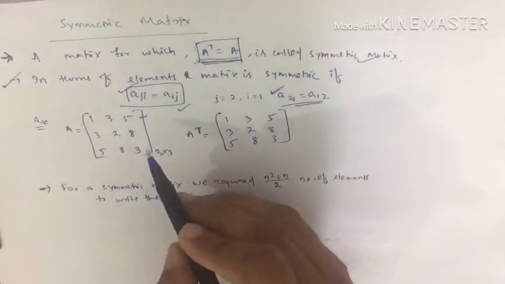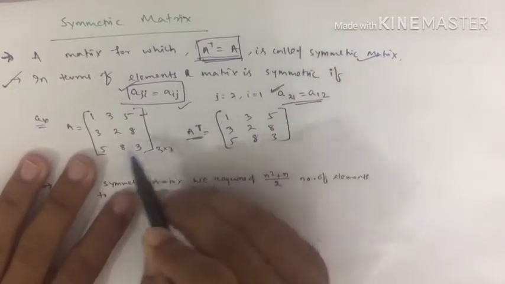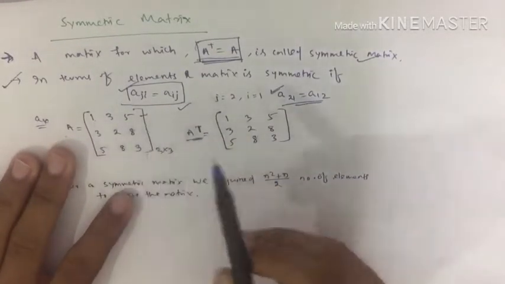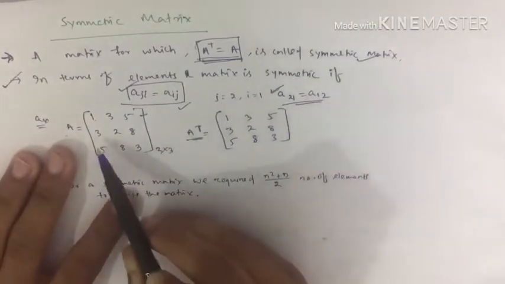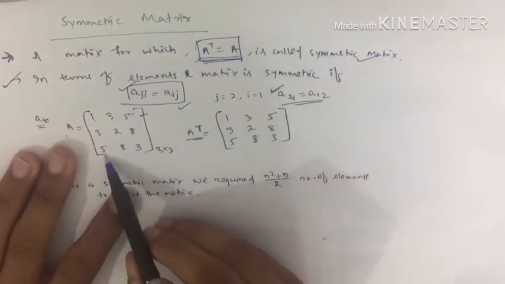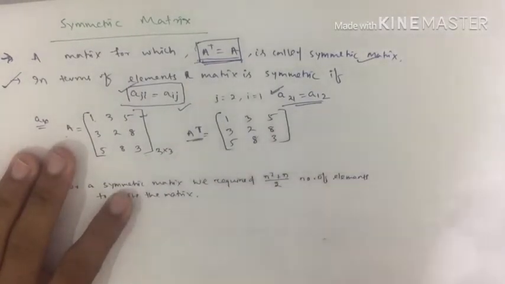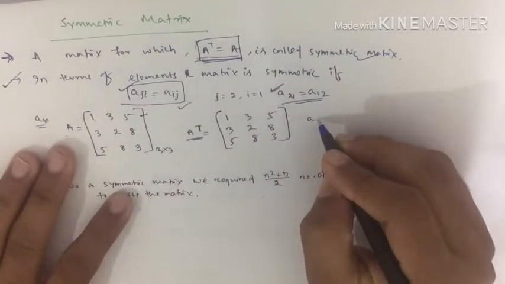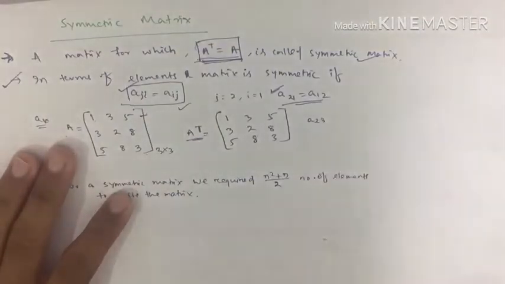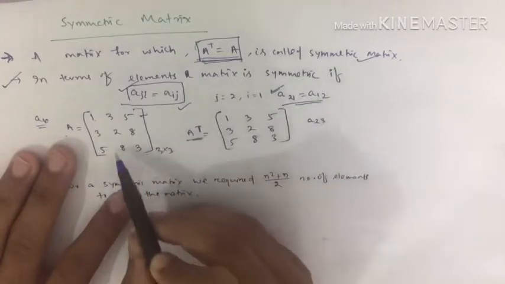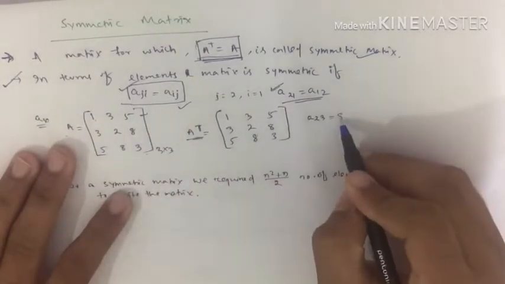Okay. So you verify A transpose is equal to A. Look at the first row 1, 3, 5 and 1, 3, 5. Second row 3, 2, 8 and 3, 2, 8. And third row 5, 8, 3 and 5, 8, 3. Or in terms of elements, you can also verify. Just take any element, A23. Second row, third column is nothing but 8.